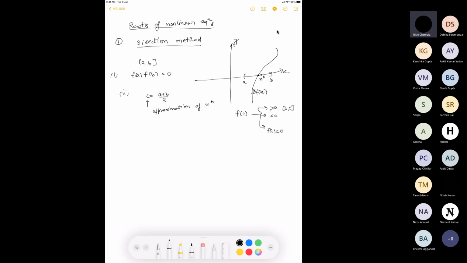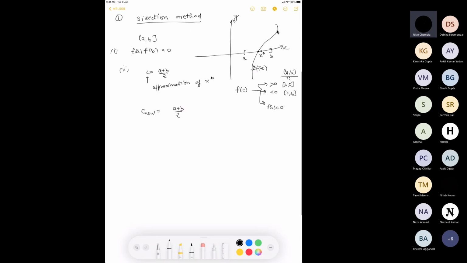And if it is less than 0, we take the interval to be [c, b]. This is going to be my new interval [a, b] in either case. Then you find the new midpoint, (a + b)/2, and you can check the relative error.